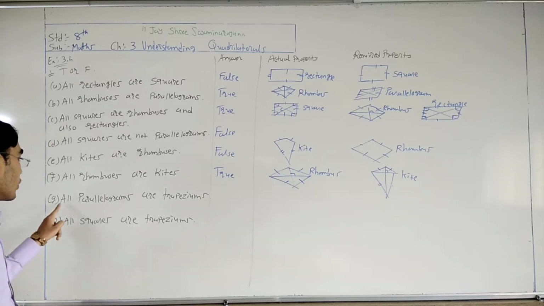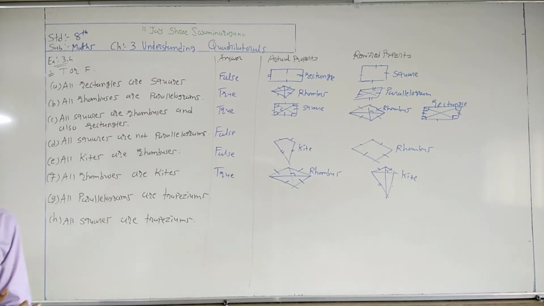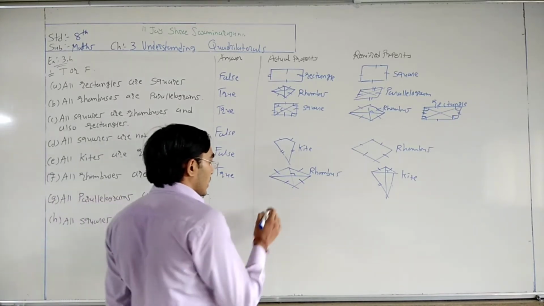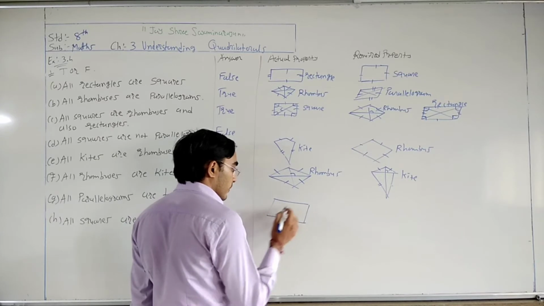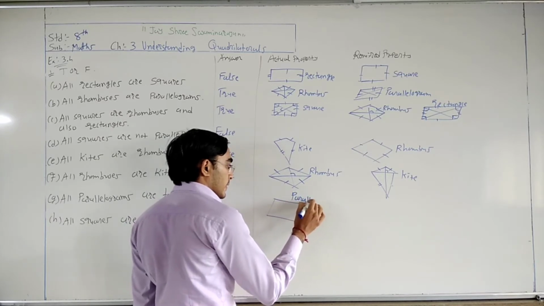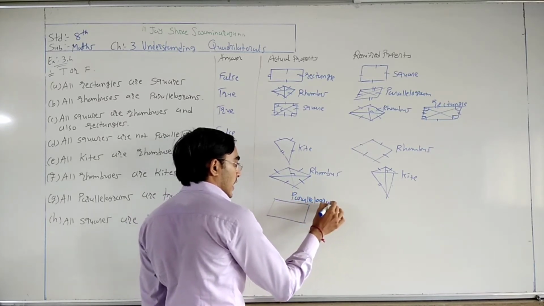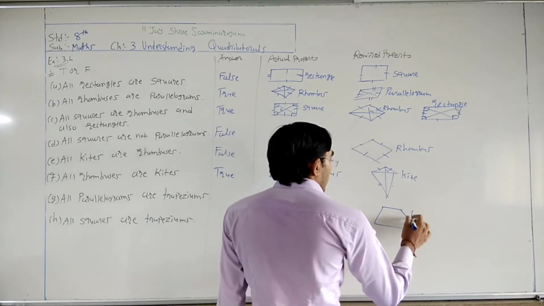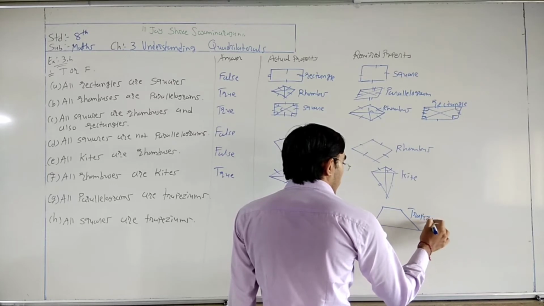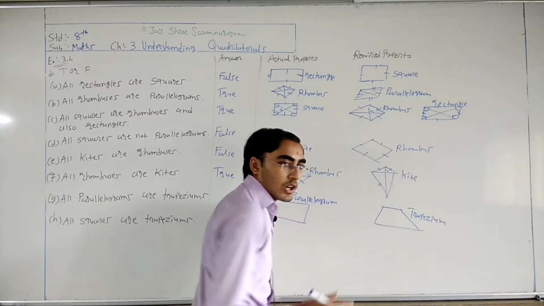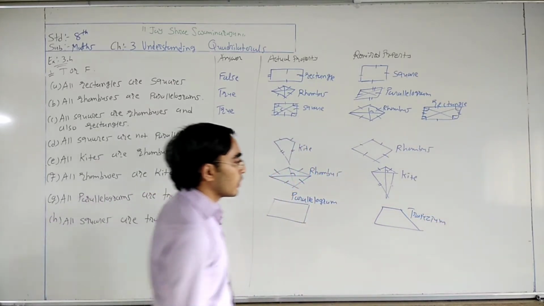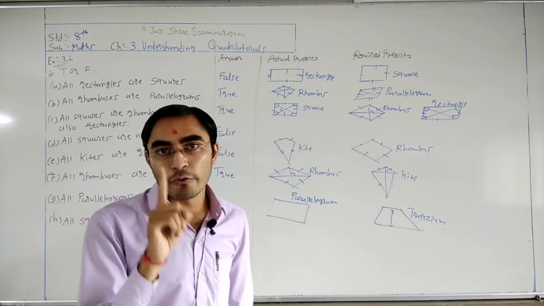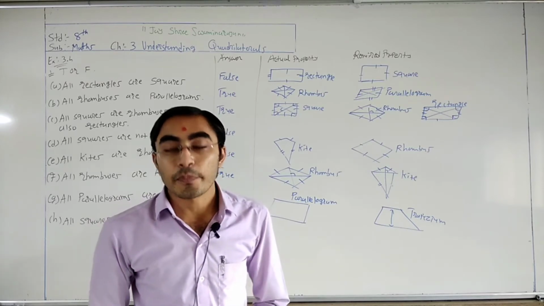Okay, after that, next: all parallelograms are trapeziums. So here we have a parallelogram and here we have a trapezium. For a trapezium we require only one property: only one pair of opposite sides is parallel.